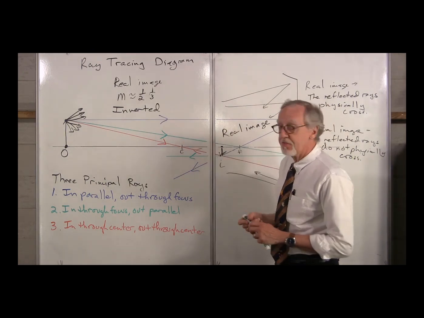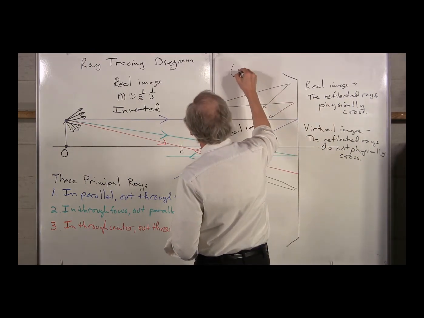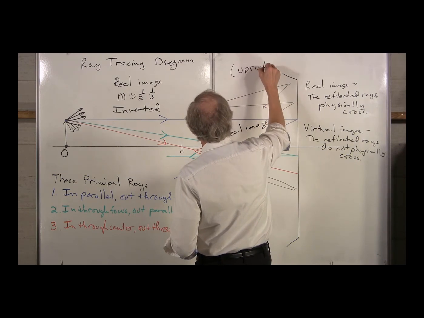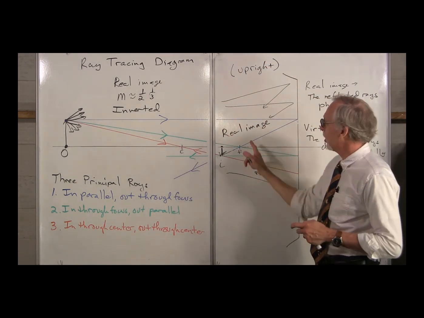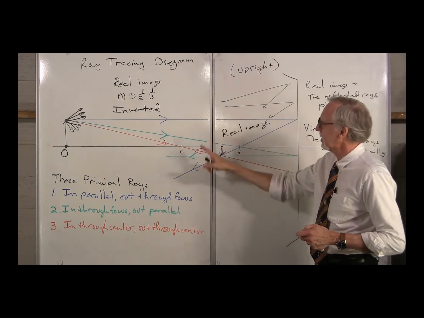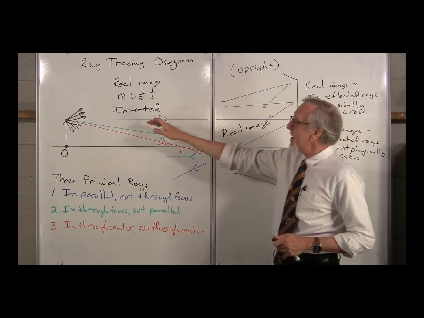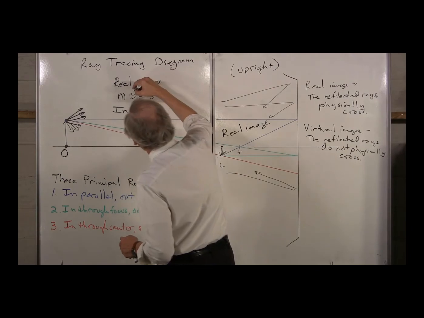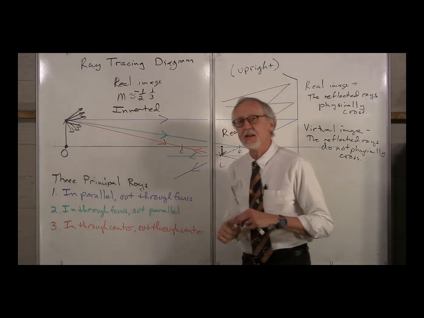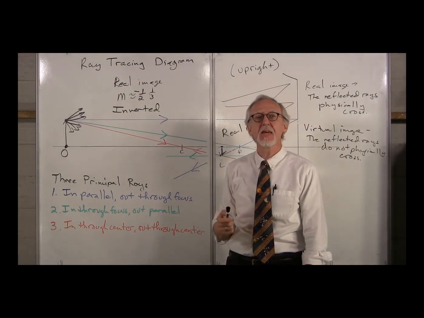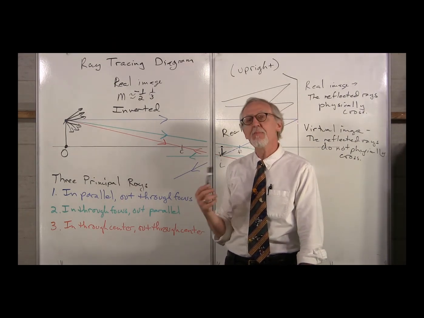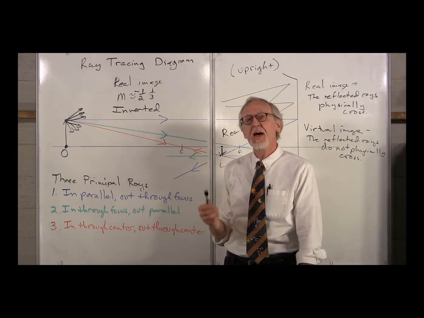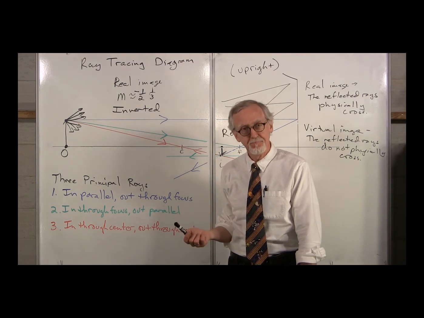So it's either inverted or upright. In this case, our image is inverted. When an image is inverted, we make the magnification negative. A negative magnification means the image is inverted. If the magnification is positive, that means the image is upright.